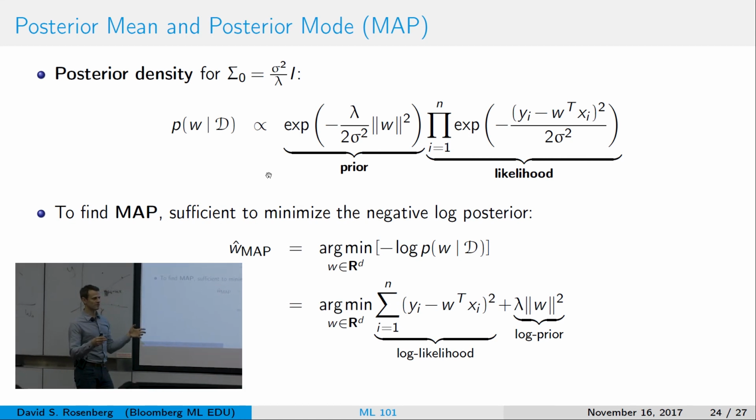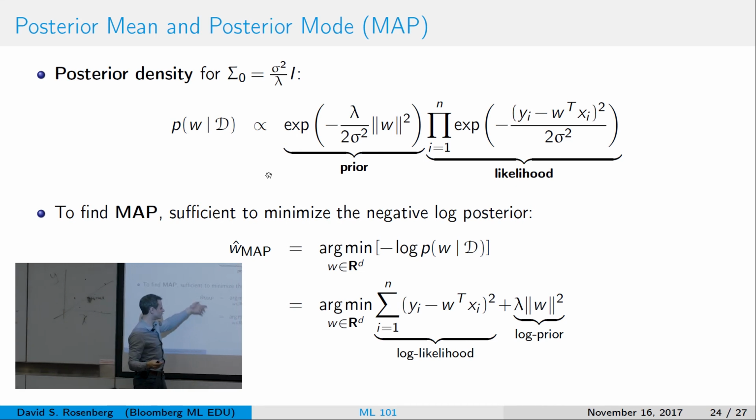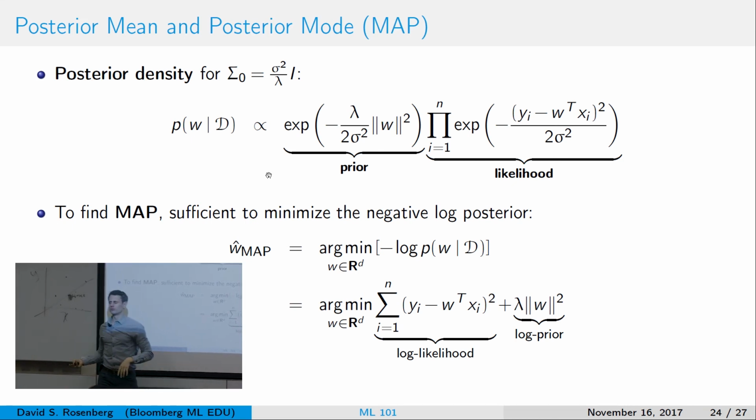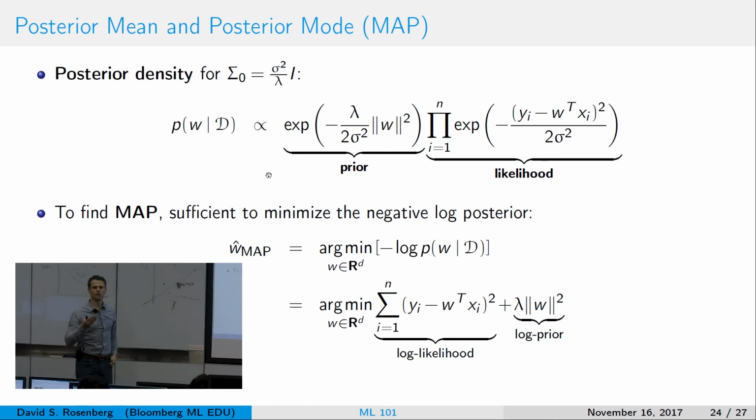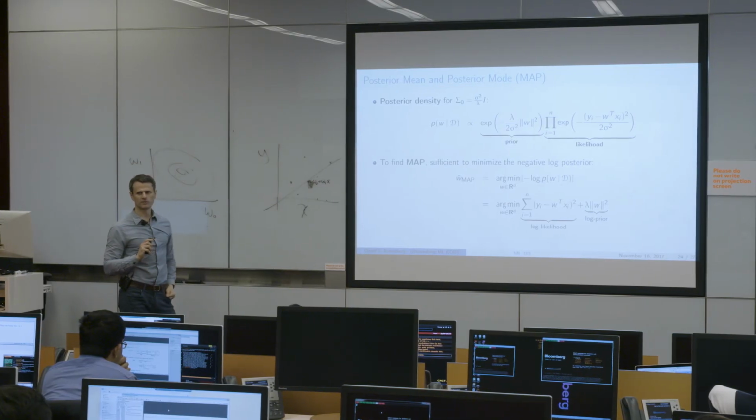Before, we made the connection at the solution level, saying the solutions are exactly the same. Now we're going back one step and connecting the objective functions, the thing we're minimizing to get the MAP solution, and recognizing the parts that match the objective function for ridge regression. All right. Any questions?